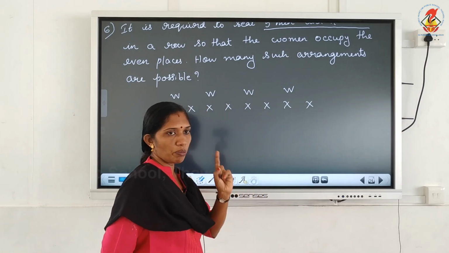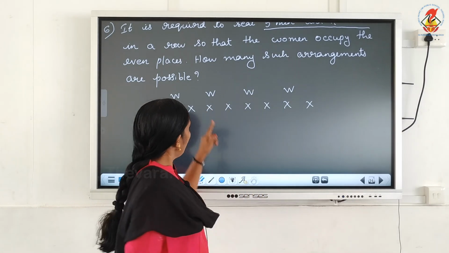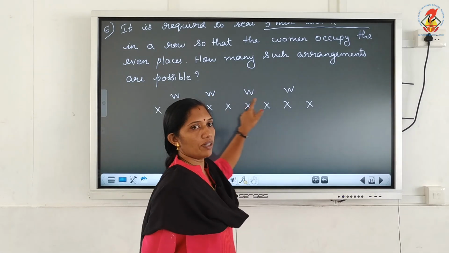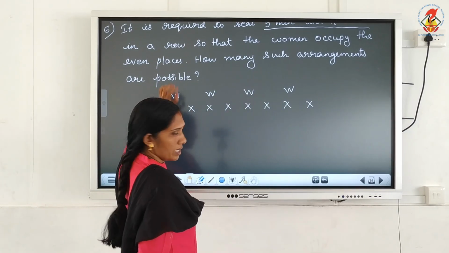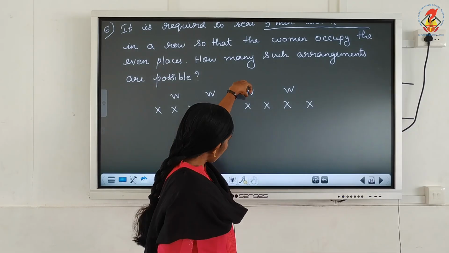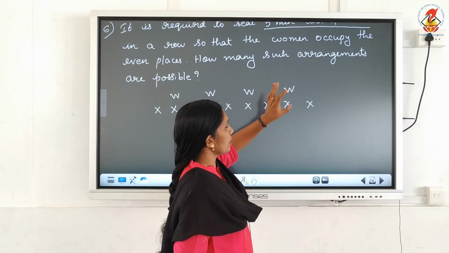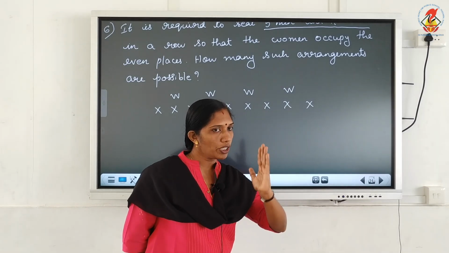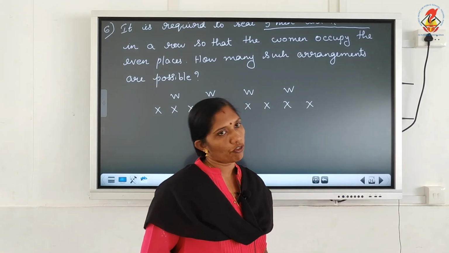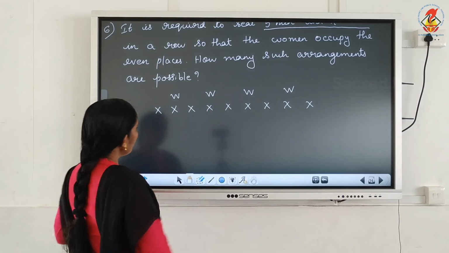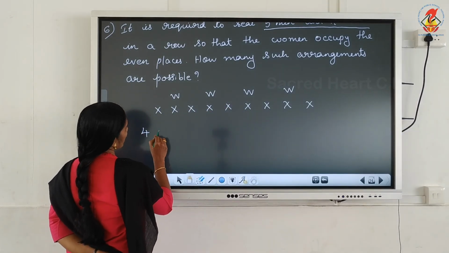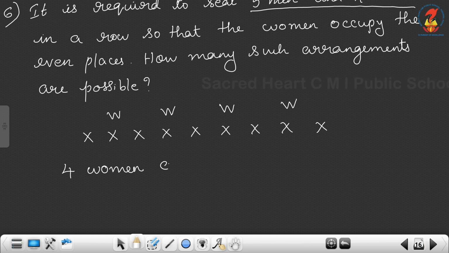So for the first woman there are 4 different ways. For the second woman 3 different ways. One is already in this place. Then for the third woman 2 different places, and for the last one only 1 place. So 4 into 3 into 2 into 1, that is same as 4 factorial. So these 4 women can be seated in 4 factorial ways.